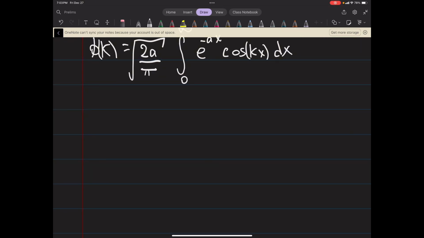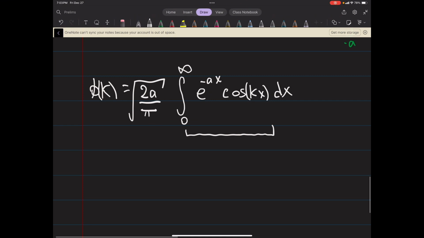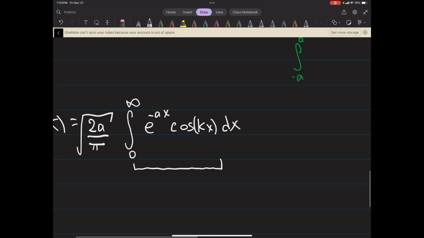So this one would be maybe where you put things into an integral calculator or look it up. The solution for this will be, well, here I'll show you what I found.